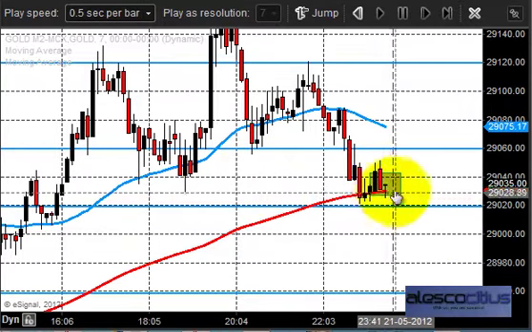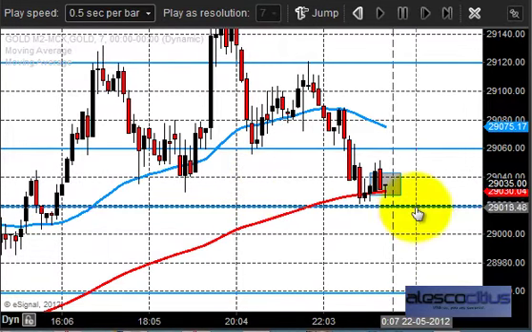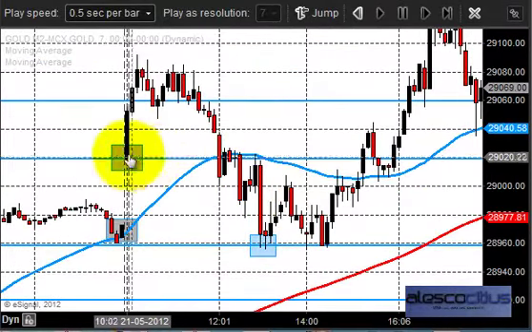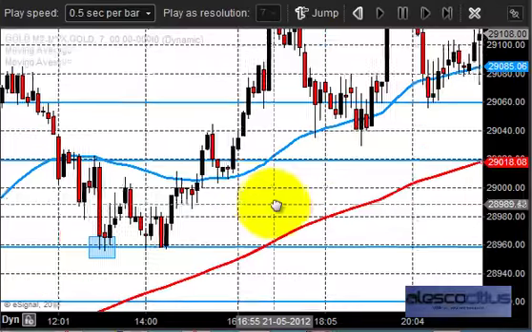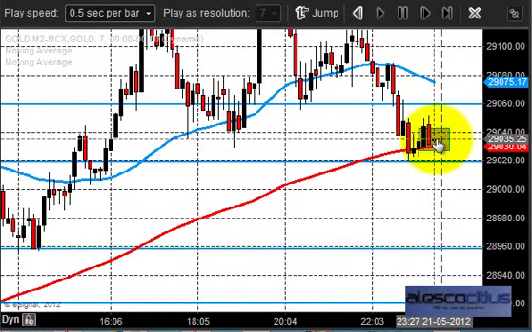When you compare yesterday's market closing of around 29,035 with the opening of 29,020, we can say it is more or less neutral, because the opening and closing are about the same.